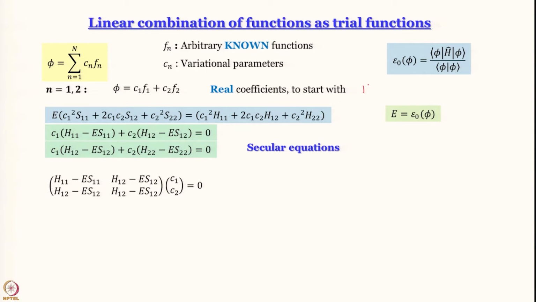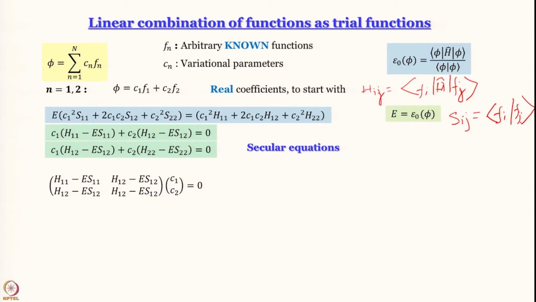Let me write in general terms, Hij is equal to the integral of Fi star H Fj, and Sij, which is a more general way to write because i can always be equal to j, is simply the integral of Fi star Fj over all space.